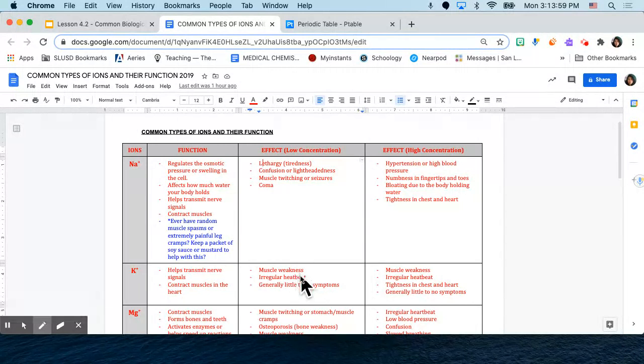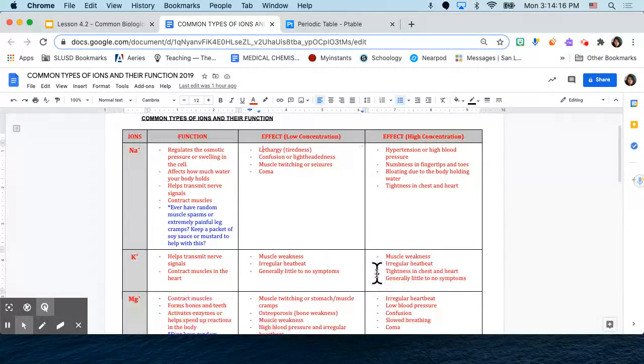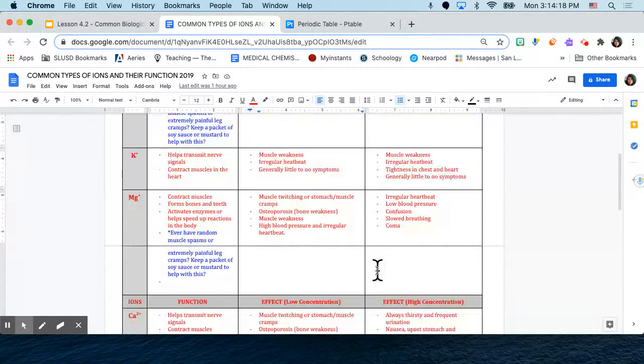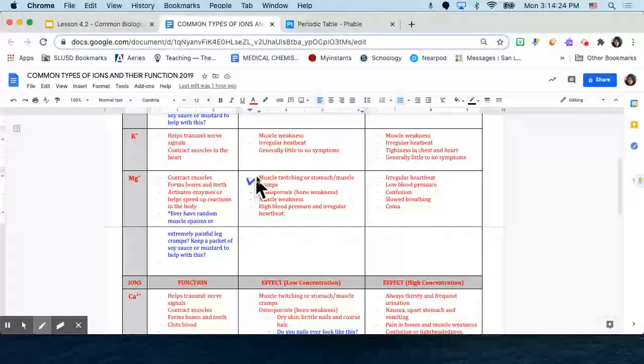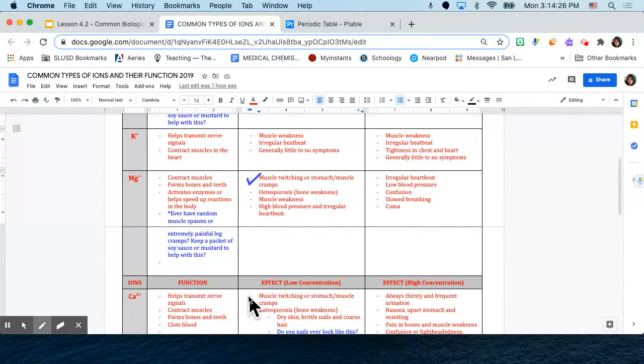How about this one? Muscle weakness, irregular heartbeat. That might be it, so let's put this as maybe. I'm going to keep reading here and specifically look for muscle spasms or muscle twitching. Right, so here we go. Got a symptom for muscle twitching here and muscle twitching here.